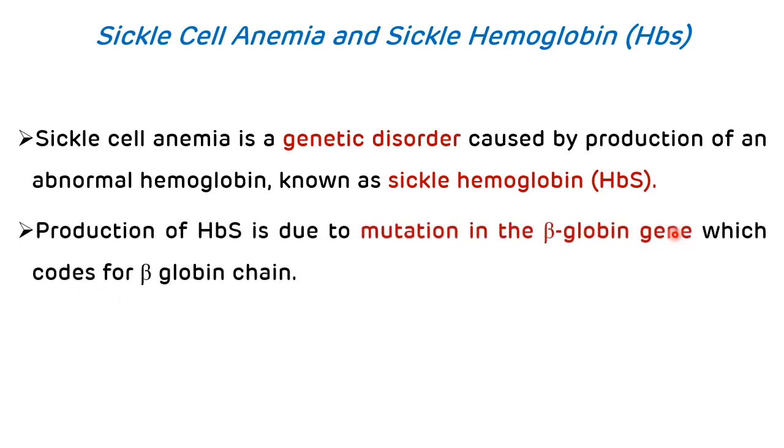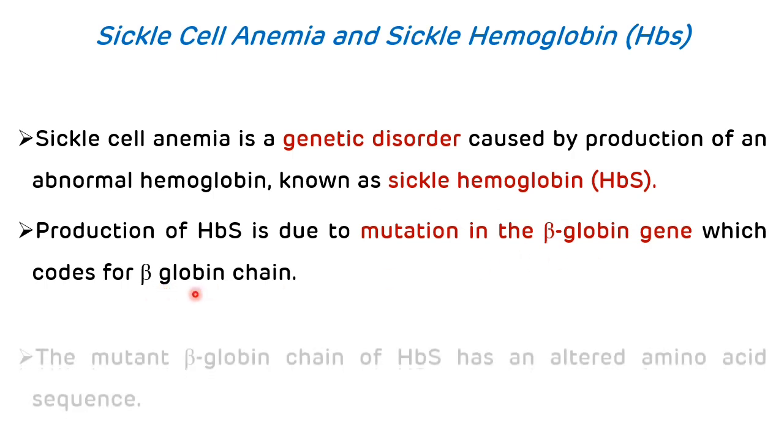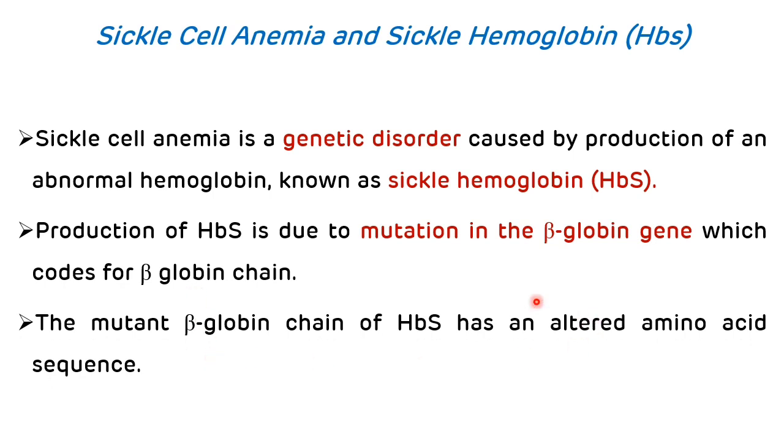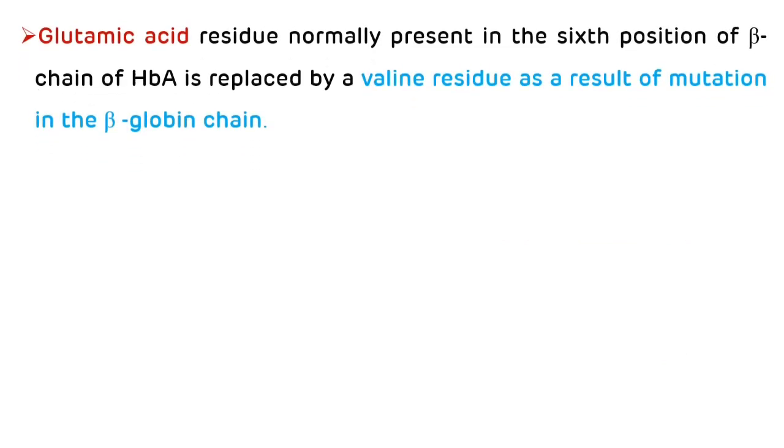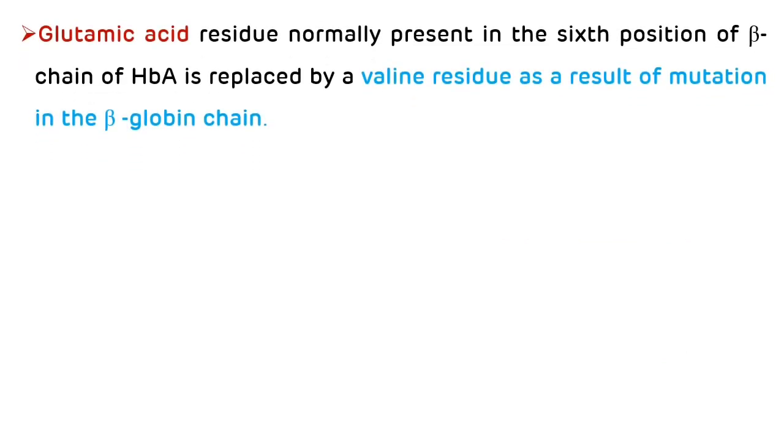Production of sickle hemoglobin is due to a mutation in the beta globin gene, which codes for the beta globin chain, and the mutant beta globin chain of sickle hemoglobin has an altered amino acid sequence. Normally, at the sixth position of the beta globin chain of HbA, there is glutamic acid. But in sickle cell anemia, this glutamic acid is replaced by a valine residue as a result of mutation in the beta globin chain.